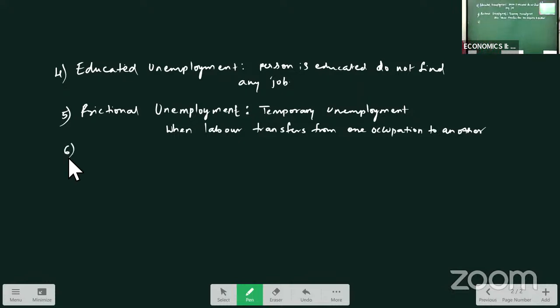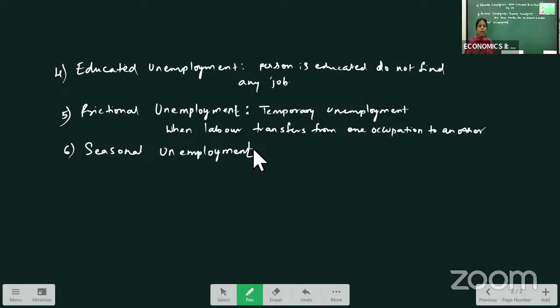Another type of unemployment is seasonal unemployment. Mostly we find seasonal unemployment in our agriculture. In our agriculture sector, during the season only, farmers will have work.